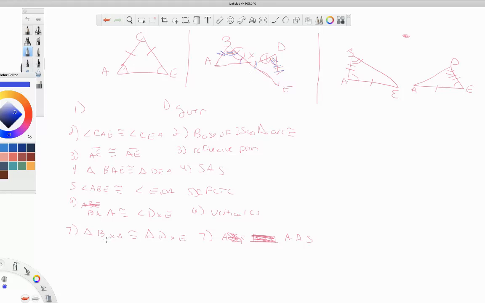So I proved the two triangles are congruent. So now I can say BX, I've proven, is congruent to DX because of CPCTC. Now I've proven that the sides are congruent because of CPCTC.